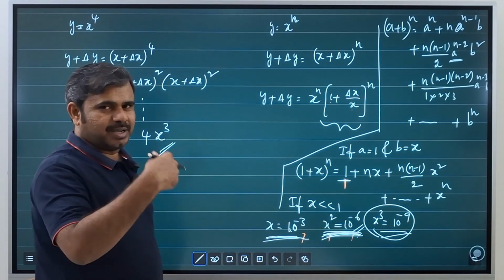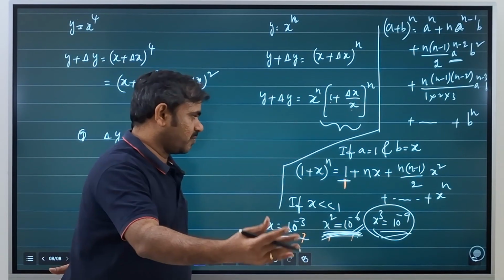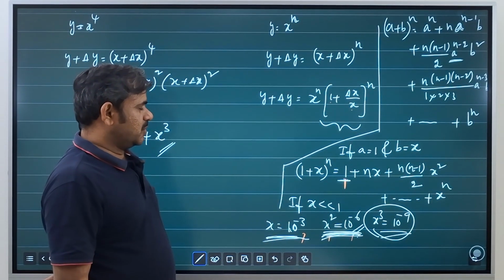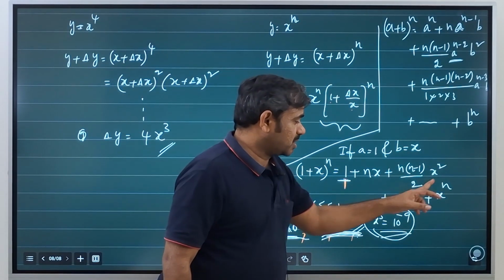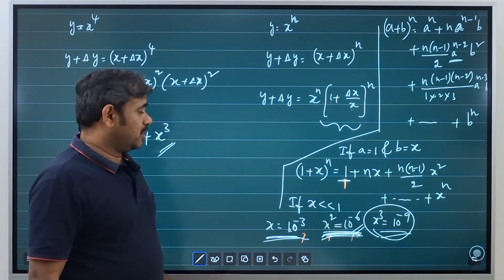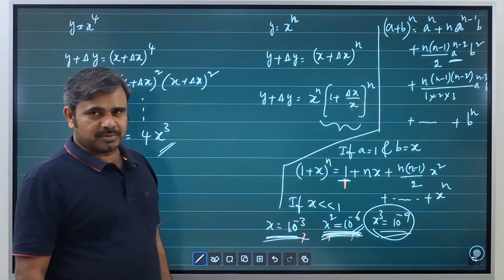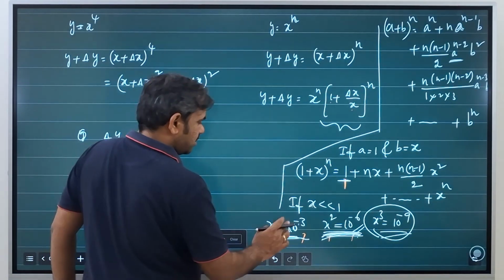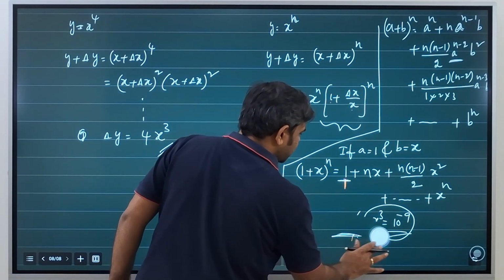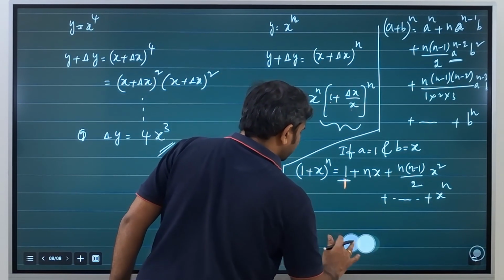Higher order terms, x^4, are even smaller, x^5 even smaller. So all these higher order terms are negligibly small when x is much less than 1. So when x is much less than 1, adding these higher order terms does not make any difference.